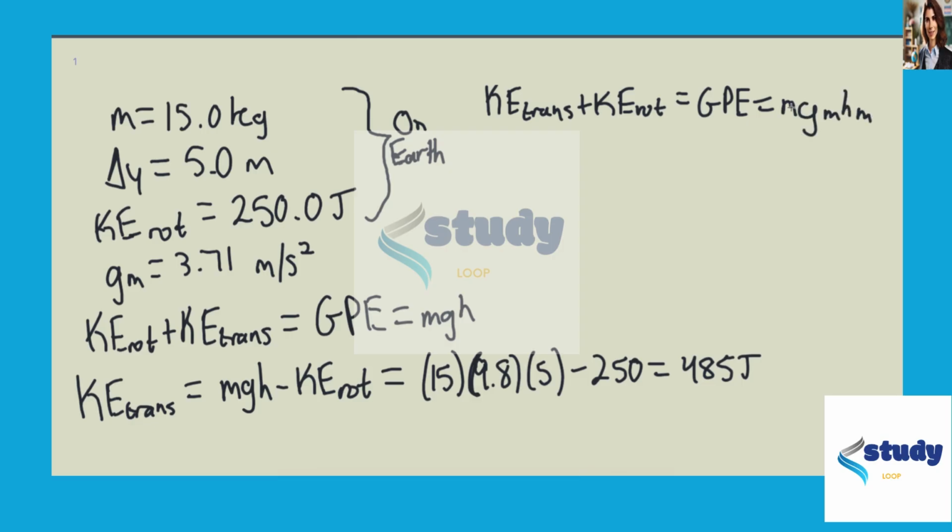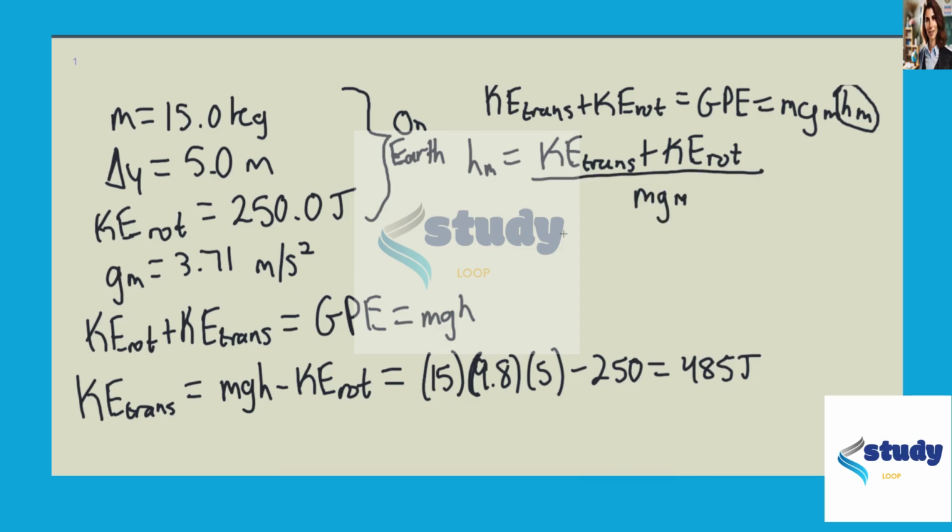So this would be mass times the gravity on Mars times the height on Mars, where we're trying to isolate this variable. How far must it fall on Mars in order to have the same amount of translational kinetic energy? And we find that h sub m equals KE trans plus KE rotational divided by m g sub m.